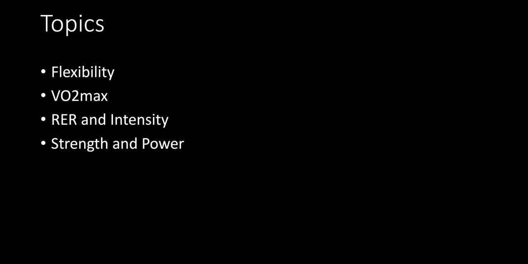I'm not trying to trip anybody up, so the case studies won't be combinations of flexibility and VO2 max that you've got to try and glue together, or RER and strength and power. They will be on one of those topics, each case study. So if you understand those topics, you should be fine with the case study.